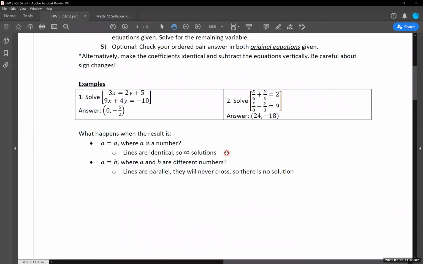So just like yesterday when we went through 5.2, using the substitution method, we can have an instance where we have infinite solutions. We can also have the instance where we have no solutions, which is we go through the elimination method process and we find a number equals a completely different number, which is impossible. That tells us the lines are parallel, they will never cross, and we have no solution.